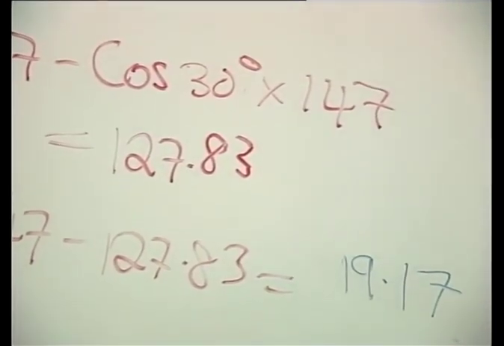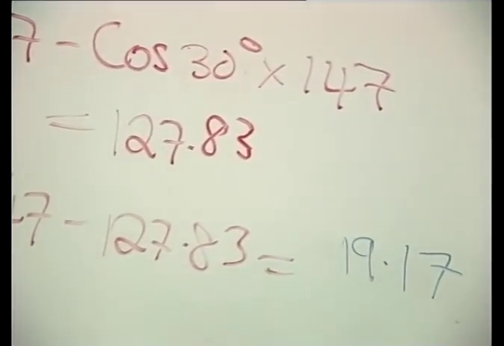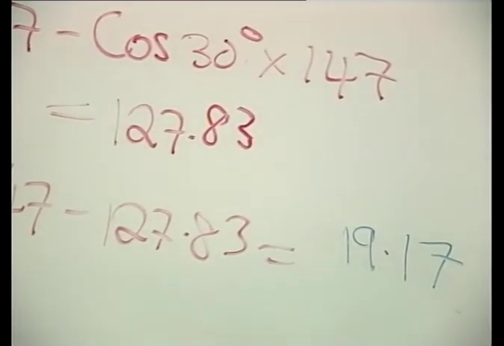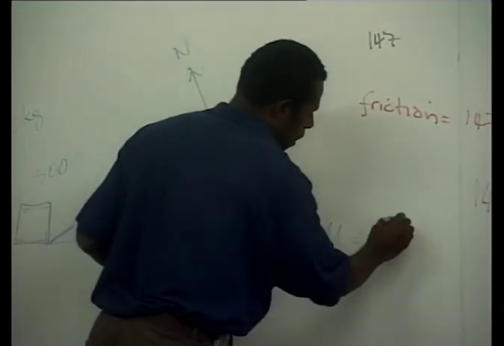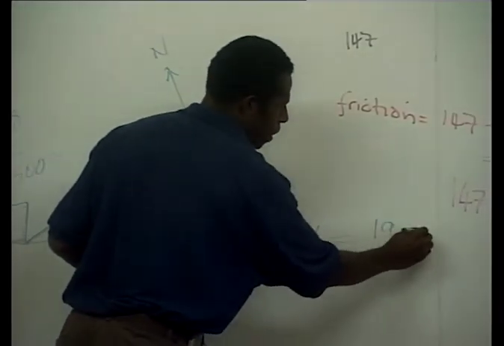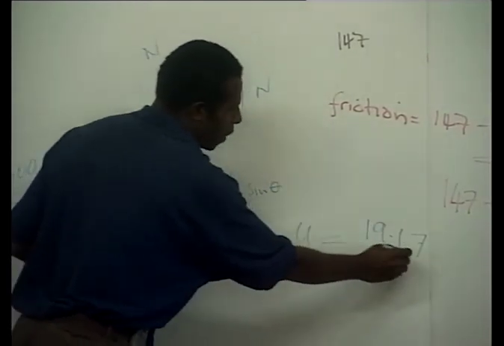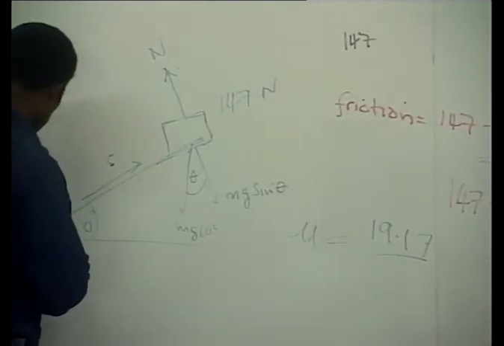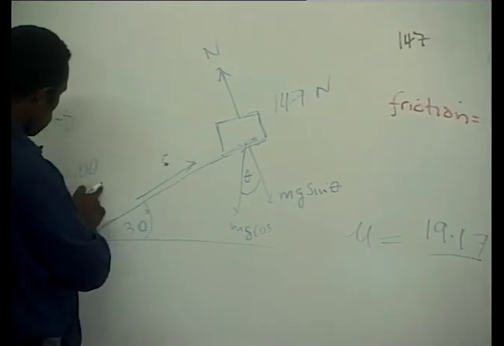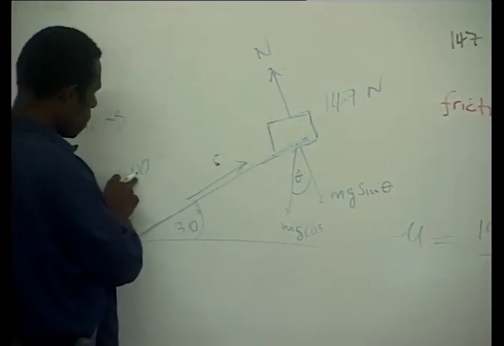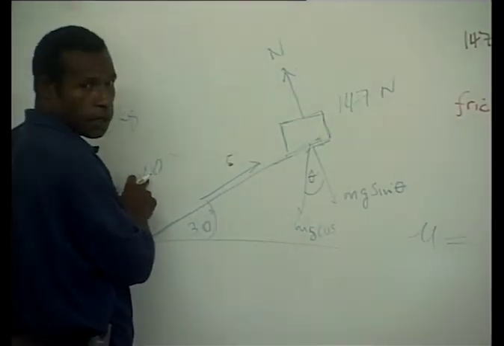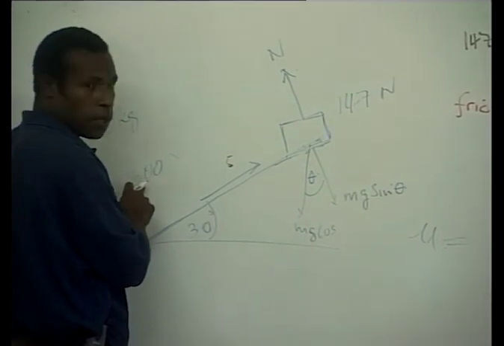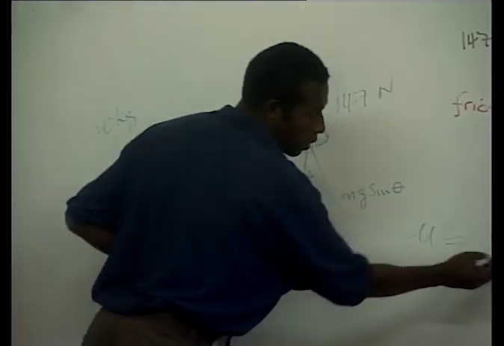If you want to calculate the coefficient of static friction, that is the U that was given. U equals 19.17, or in other words, the friction over the normal. Here you have the cosine of that 300. Cosine of that 300 will give you this answer.